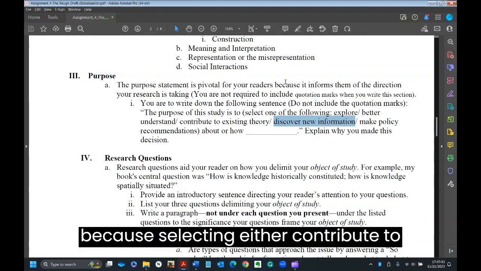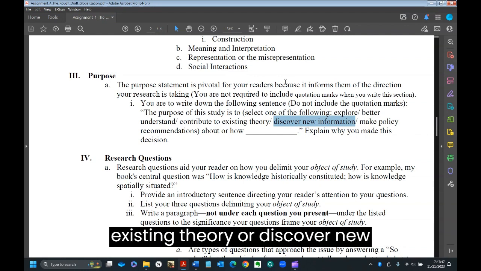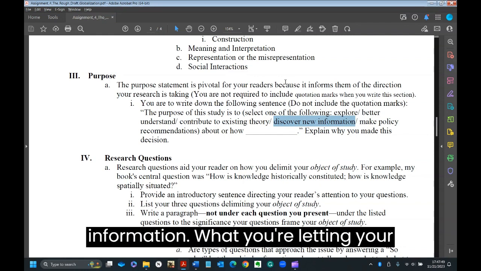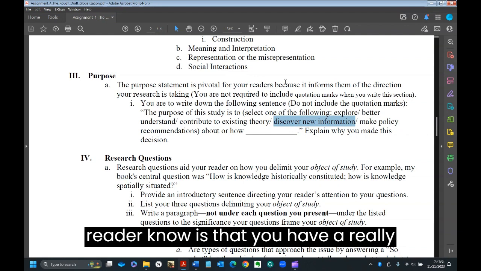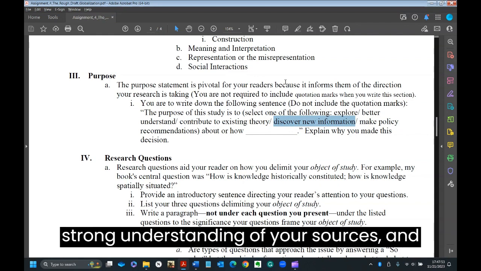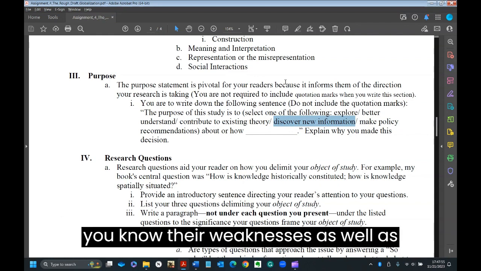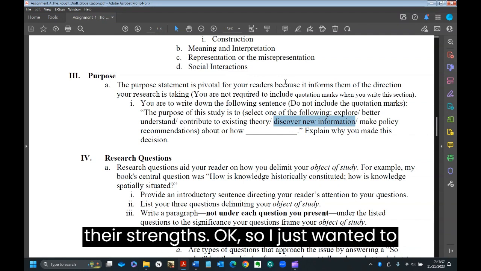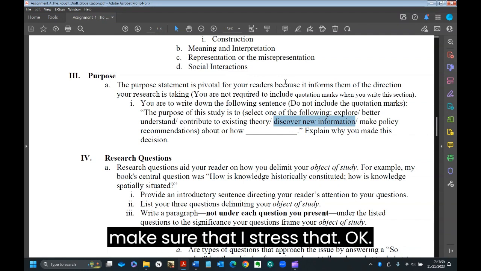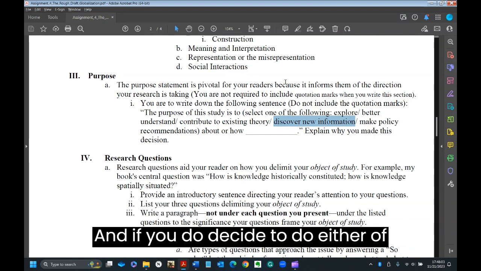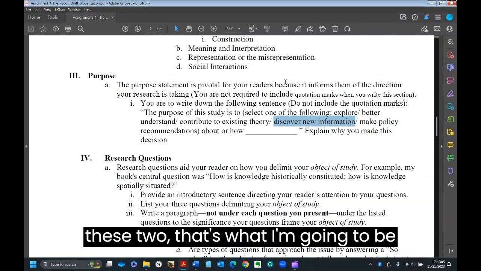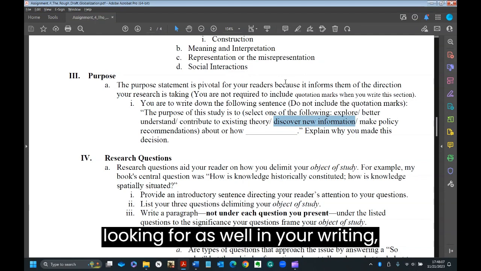All right. Because selecting either contribute to existing theory or discover new information, what you're letting your reader know is that you have a really strong understanding of your sources and you know their weaknesses as well as their strengths. Okay. So I just wanted to make sure that I stress that. And if you do decide to do either of these two, that's what I'm going to be looking for as well in your writing.